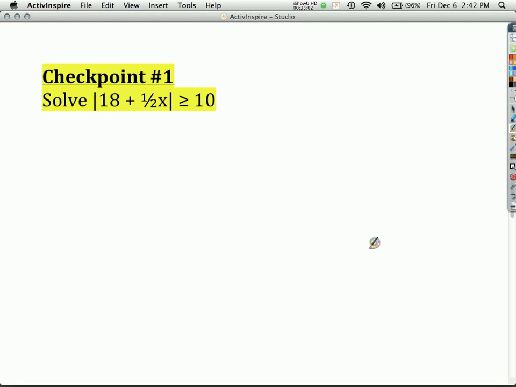Okay. Hezekiah? X is greater than or equal to 16, or X is less than or equal to... Okay. So we have 3 different answers floating around. Zabari and then Brandon. Zabari, what'd you think? X is greater than or equal to -16, or X is less than or equal to -16. So that was the same thing as somebody said.